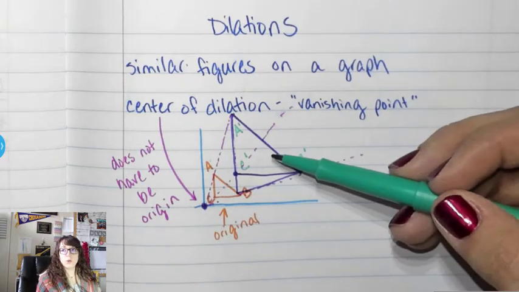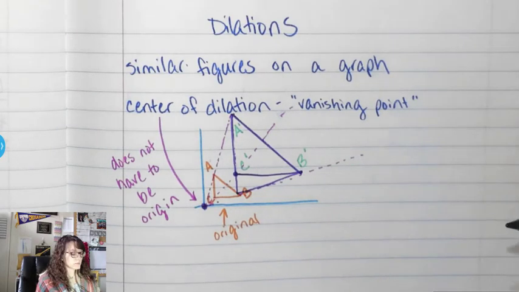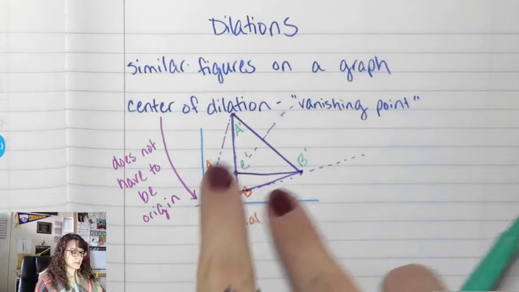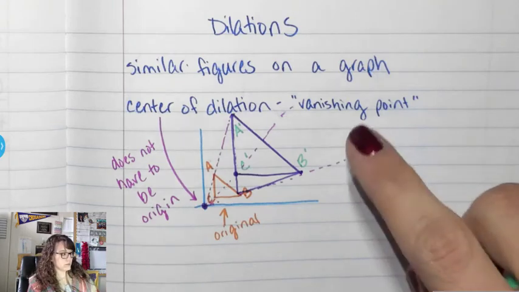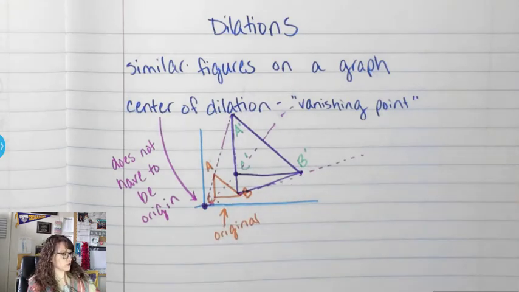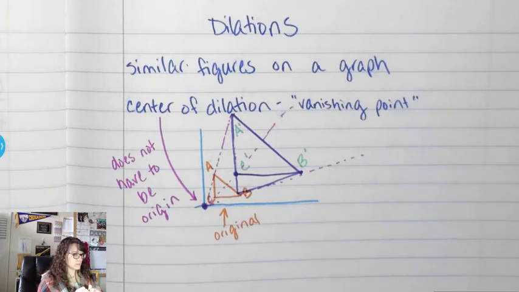Original, new. And if I kept those lines going forever, every triangle that you stretch along those lines, as long as the angles stay the same, it fits. You just have to keep the same angles. Okay?